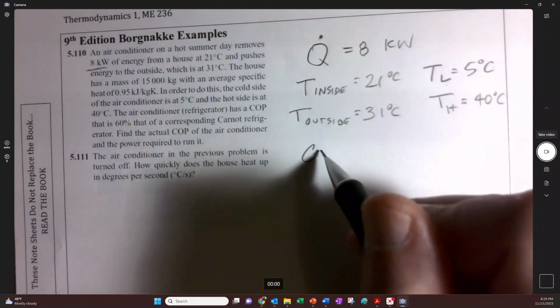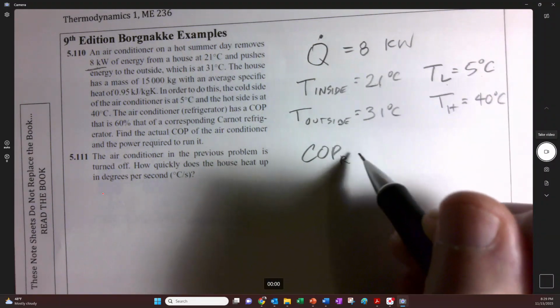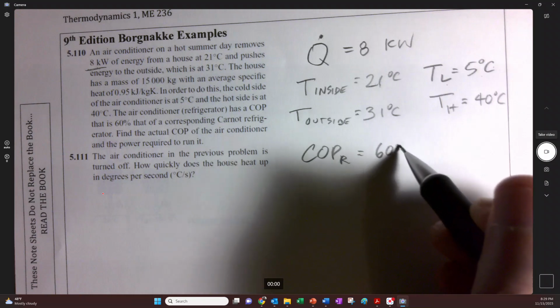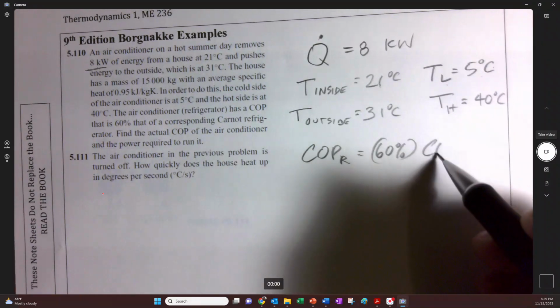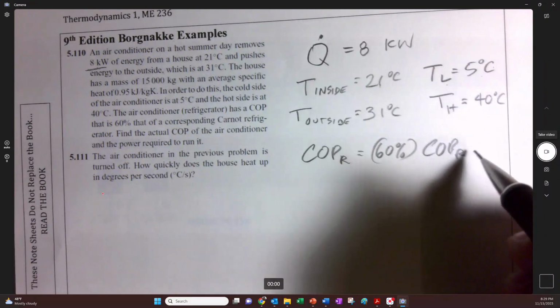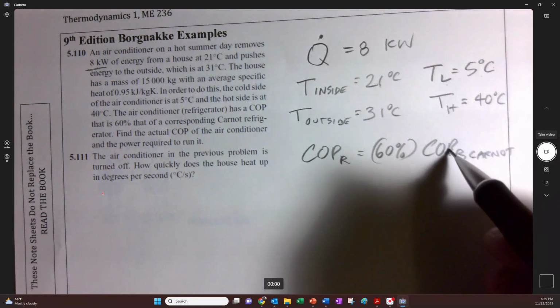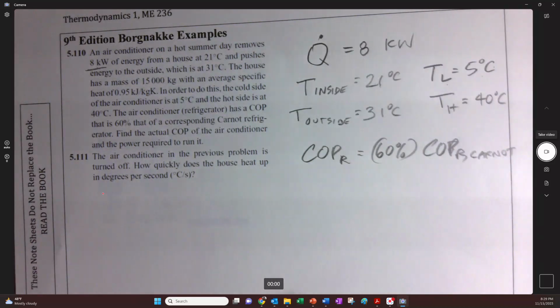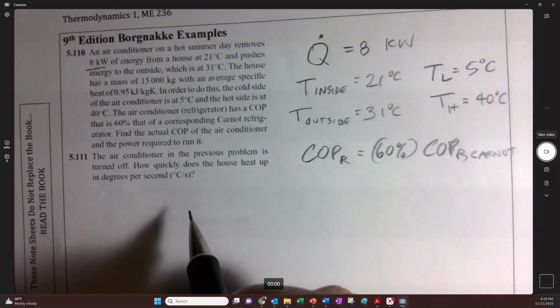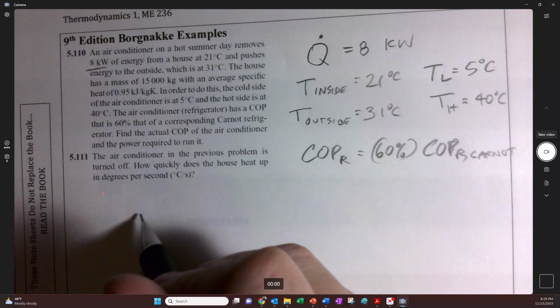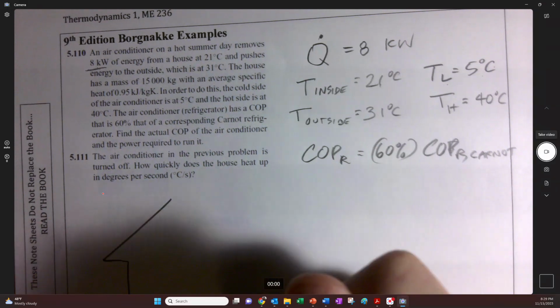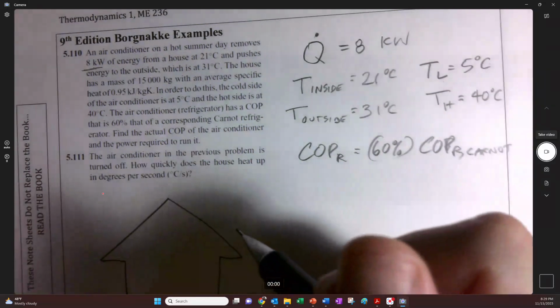And we do know that the coefficient of performance of the refrigerator is 60% times the coefficient of performance of the refrigerator if it were a Carnot refrigerator. This is supposed to be a P. Not doing so great with the P. Okay, so here's the house, just to give a little bit of thought process.